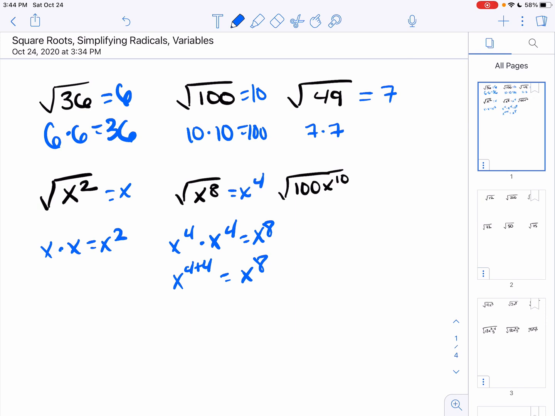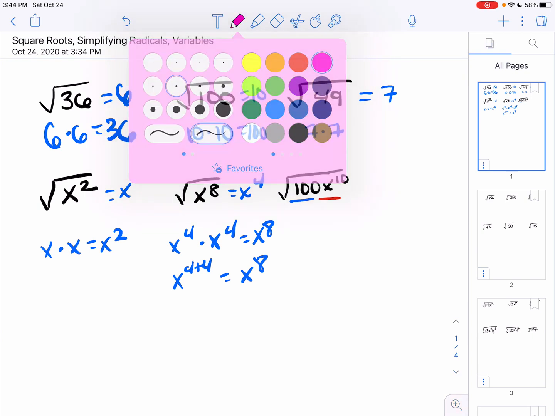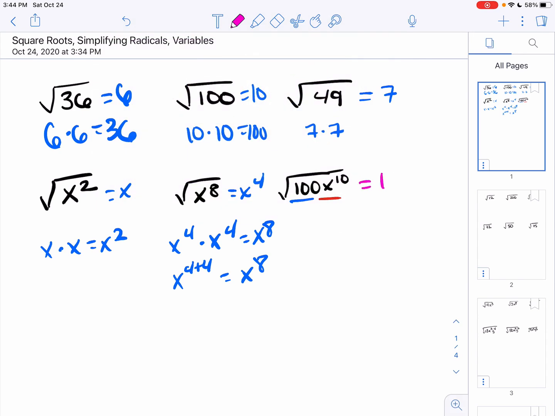We can even have a situation where we have numbers and variables together, where 100 is the coefficient of x to the 10th. So when that's the case, we have to take the square root of 100, and we also have to take the square root of x to the 10th. Well, the square root of 100, like we did before, is just 10, because 10 times 10 is 100.